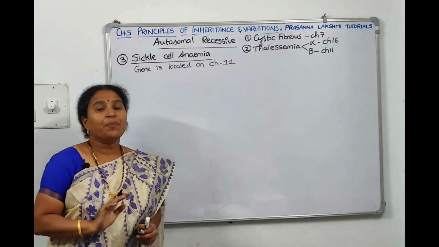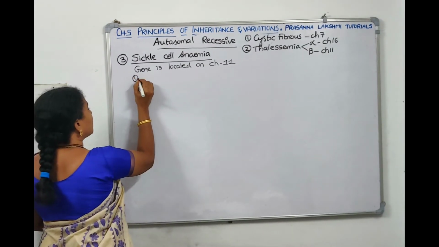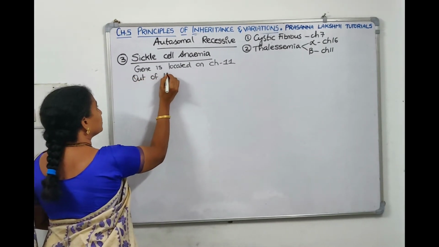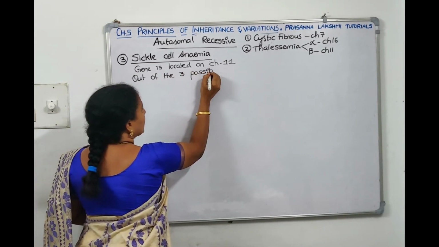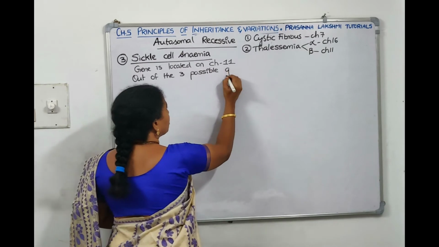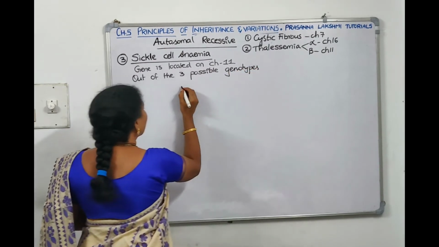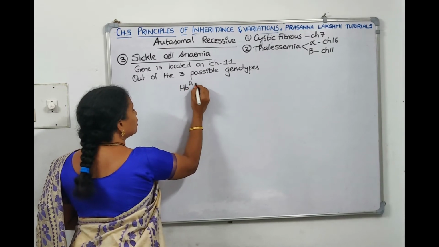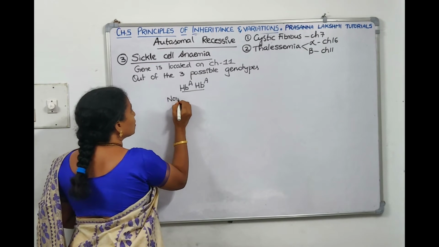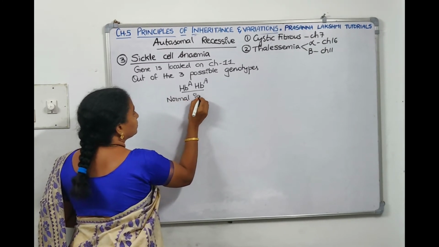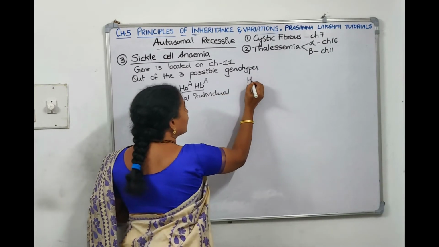Now there are 3 possible genotypes. Let us see what they are. One genotype will be HbA and HbA. HbA is adult hemoglobin, which means this person is a normal individual. The other possibility will be a carrier individual.